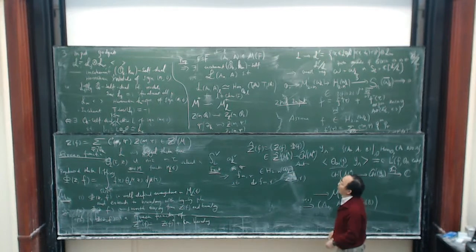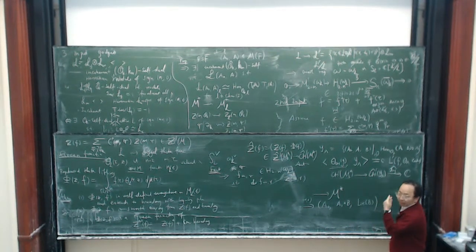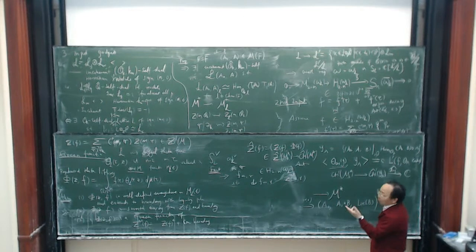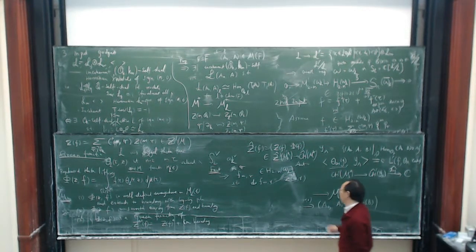And it's unique if the original n is bigger than 2. If not, there is a little bit of trouble there, but you can fix it. Okay, so you can do that.